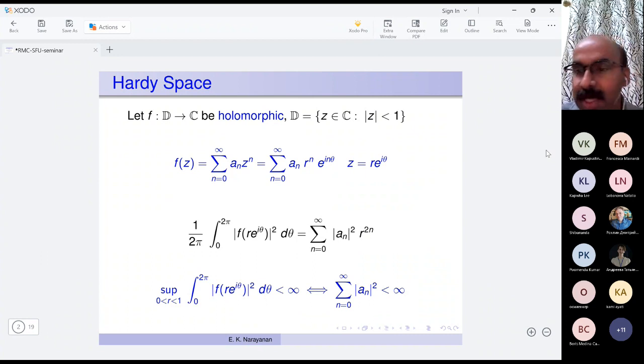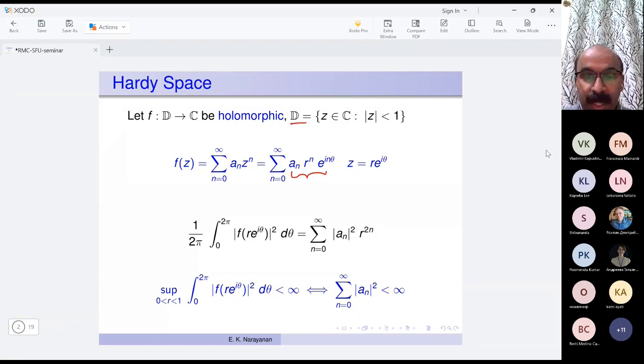So Hardy space, something I'm sure all of you are familiar with. You look at all holomorphic functions in the unit disk. D will denote the unit disk, and f has a power series expansion, summation a_n z^n, and you write z in polar coordinates.